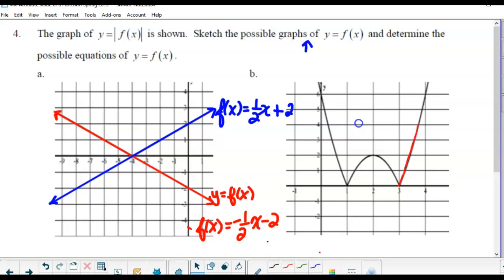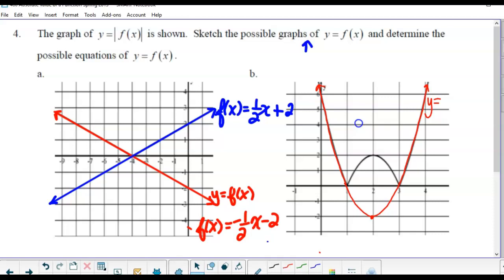So these would be your original parts, and this would have been reflected from below. So that point here, x is 2, y is 2, would be x is 2, y is -2. So it would look something like that.